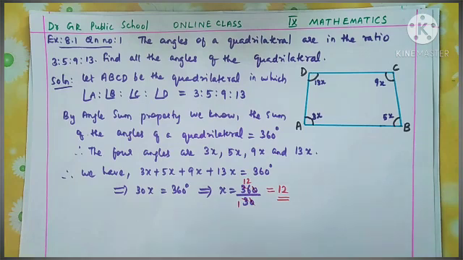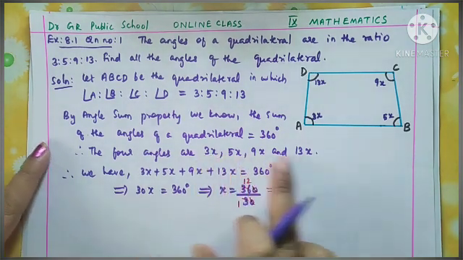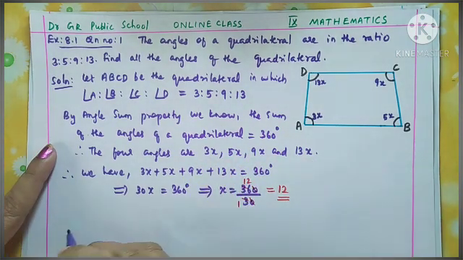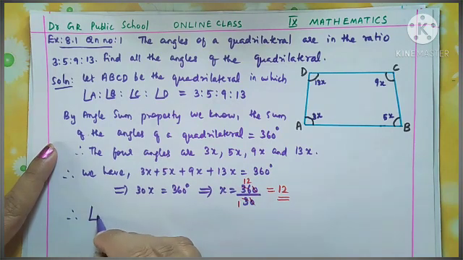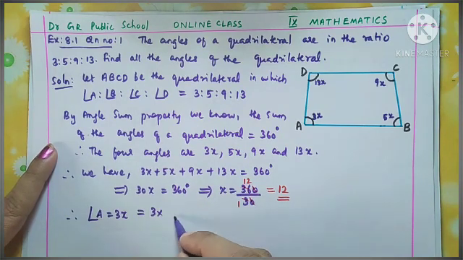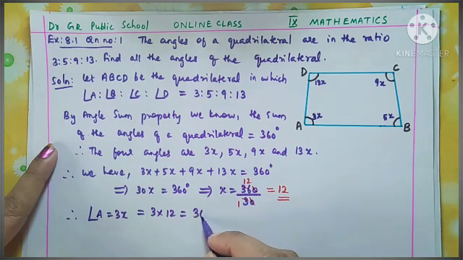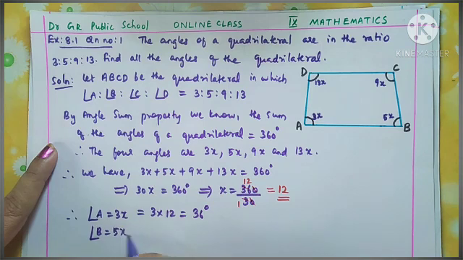Okay, so when you have the x value, you can find all four angles. Angle A we assumed as 3x, that is 3 into 12, 36 degrees. Angle B is 5x, that is 5 into 12, 60 degrees.